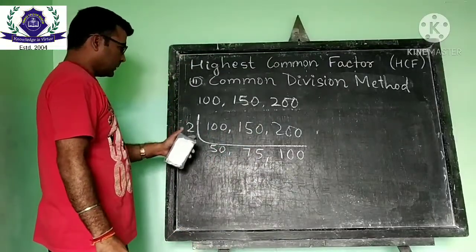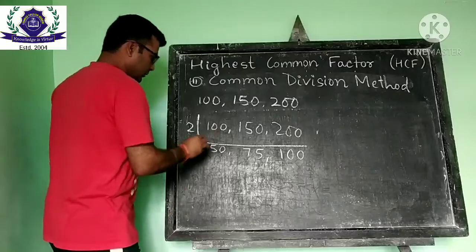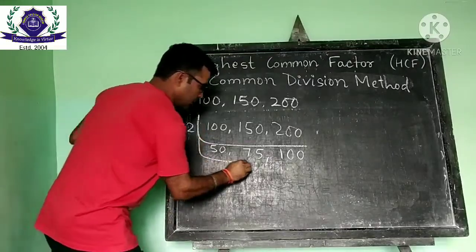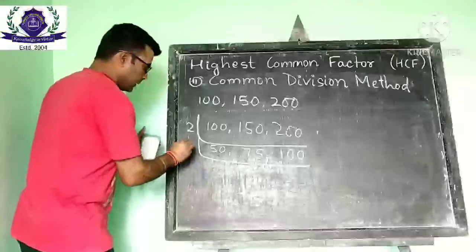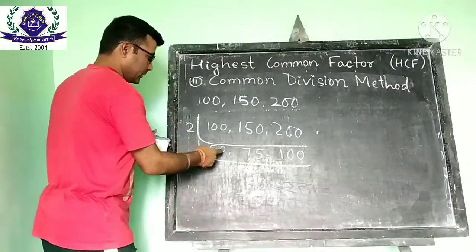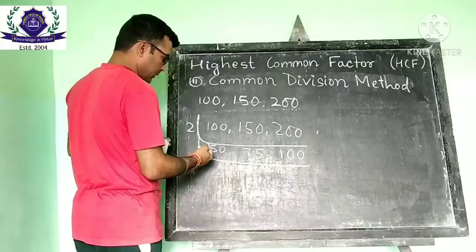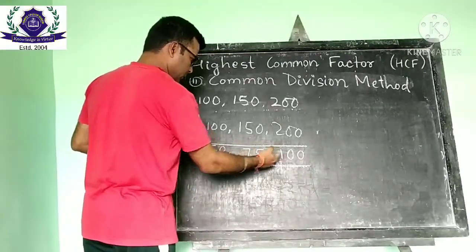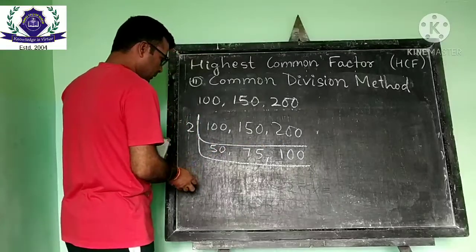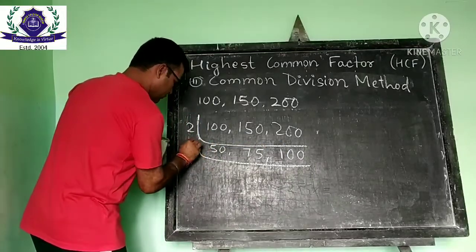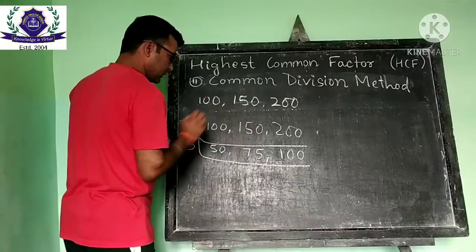So this is the common divisor to all. Now again we have to choose a common divisor which can divide all 3 numbers. So here 2 cannot divide this. 2 can divide both numbers but not this. 3 can divide this but not this. So 5. If we choose 5, it can divide all 3 numbers.